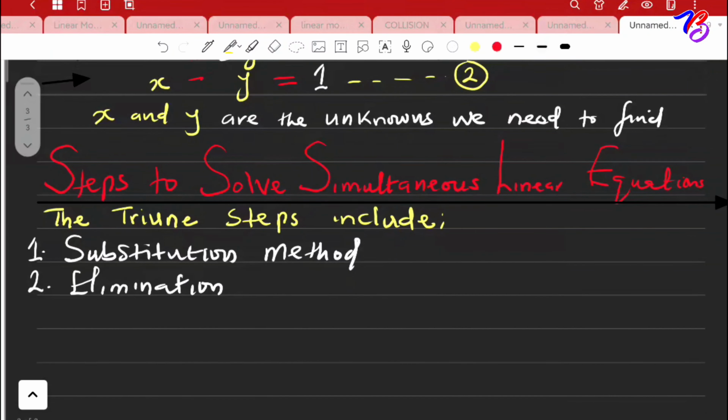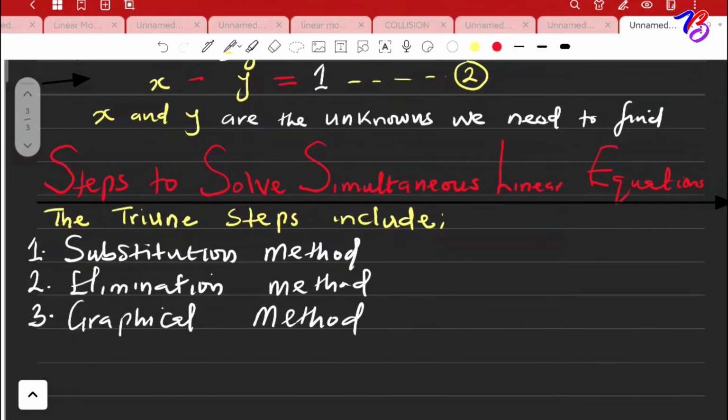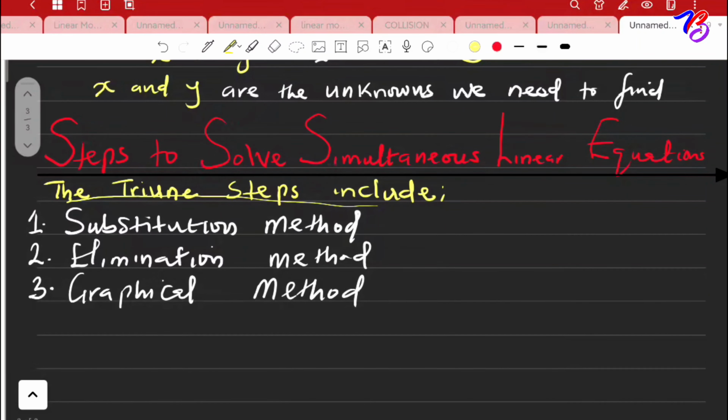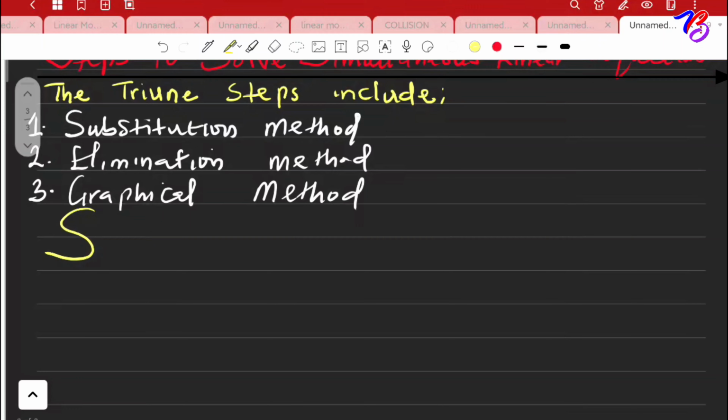Number 2, elimination method. And number 3, graphical method. These are the three methods you can use in solving simultaneous linear equation. 1 and 2 are very common. So let's pick them one after the other.